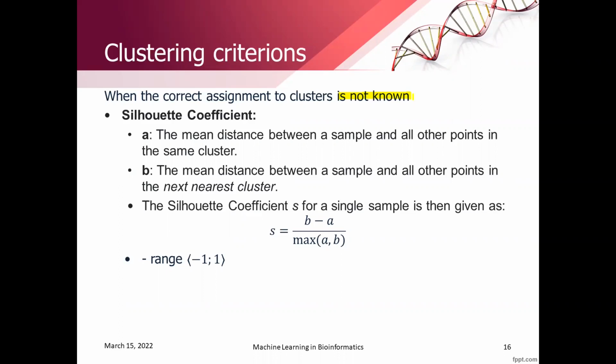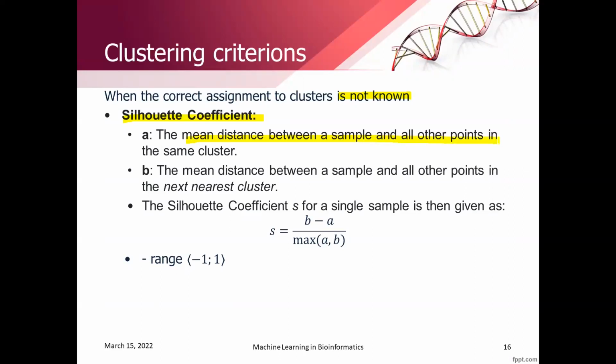And how can we do that? So the silhouette coefficient, it's just one of several criteria, so not the only one. We compute the mean distance between a sample and all other points in the cluster.